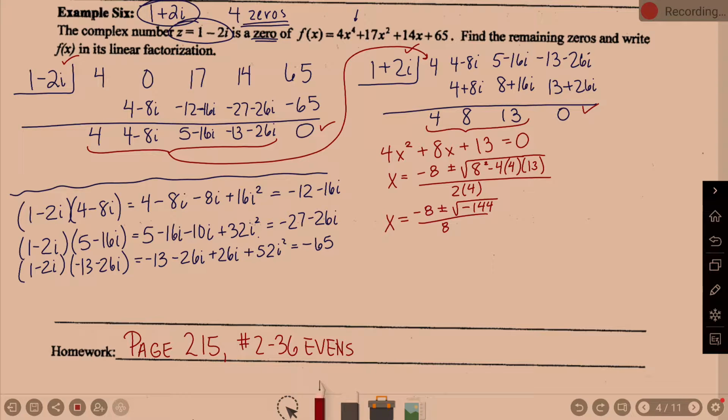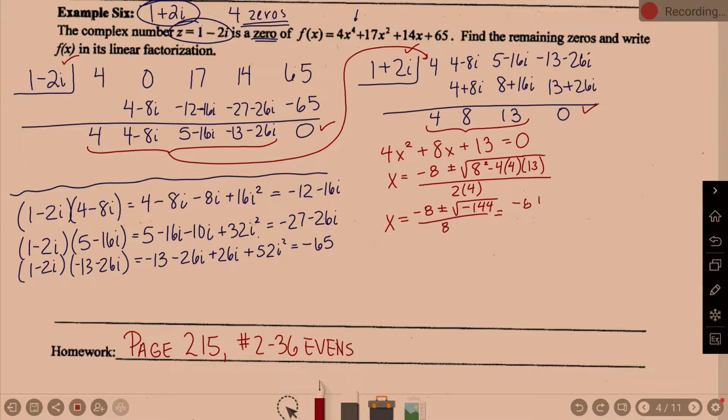What do you know about the square root of negative 144? What do we know about the square root of 144? It's 12. So, we'll take a couple of steps with this.